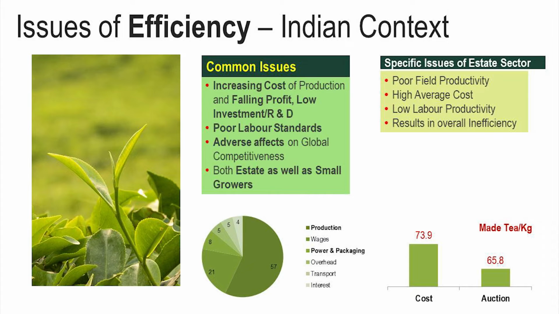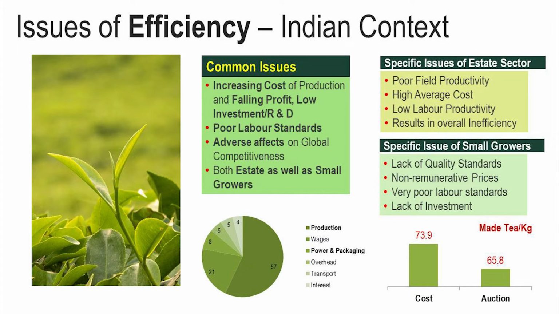The small grower sector, if we look at it, also has some specific issues. One is the lack of quality standards, because it is assorted kind of activities taken up by a large number of people. Therefore, there is a lack of adherence to quality standards. Second, resulting from the first, non-remunerative prices, because they do not conform to certain quality standards. Obviously, they do not get remunerative prices for their products.